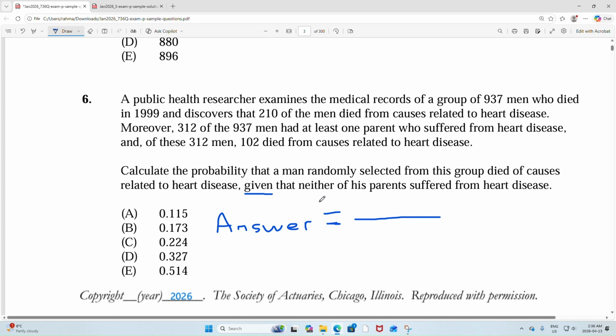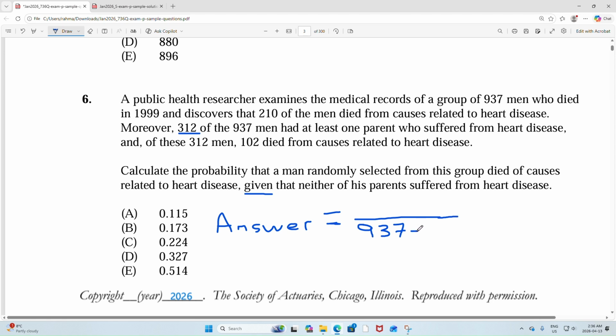You can think of it as a reduced sample space. Is the sample space involving the people who had neither of their parents suffering from heart disease? Well, there's 937 in the group in total. And we know 312 had at least one parent suffer from heart disease.